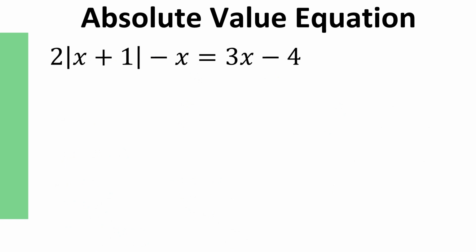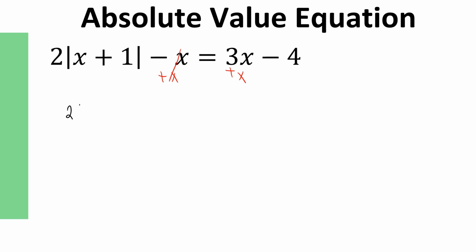To solve this absolute value equation, our first step again is to isolate the absolute value of x plus 1. So to isolate this, the first thing I need to do is to remove the minus x by adding x to both sides. So now my equation looks like this.